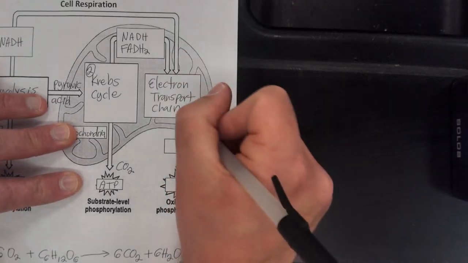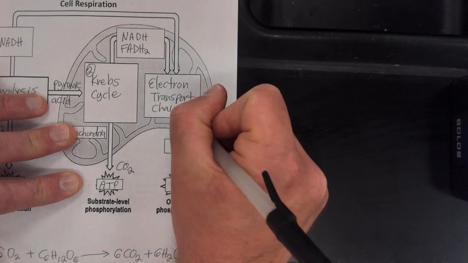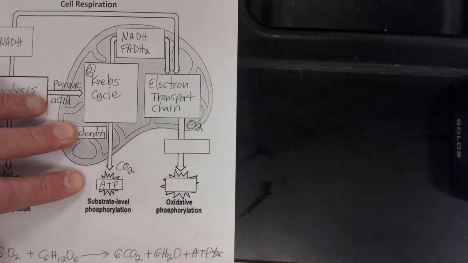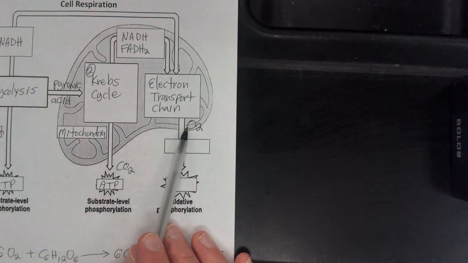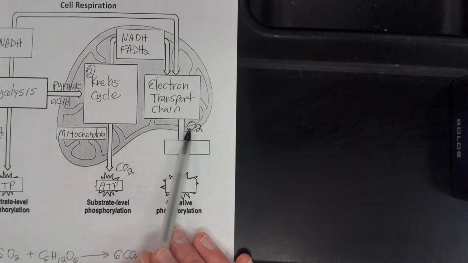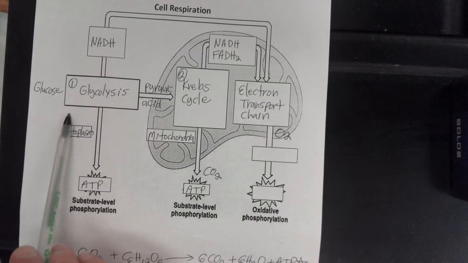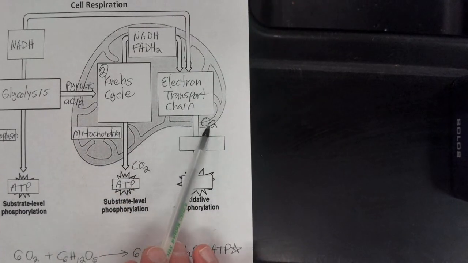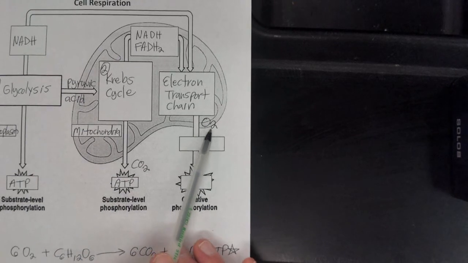Okay, so oxygen is here around this area of the mitochondria, and this whole time, oxygen's electronegative. This whole time it's been oxidizing glucose, and it's pulling the electrons towards it, okay?